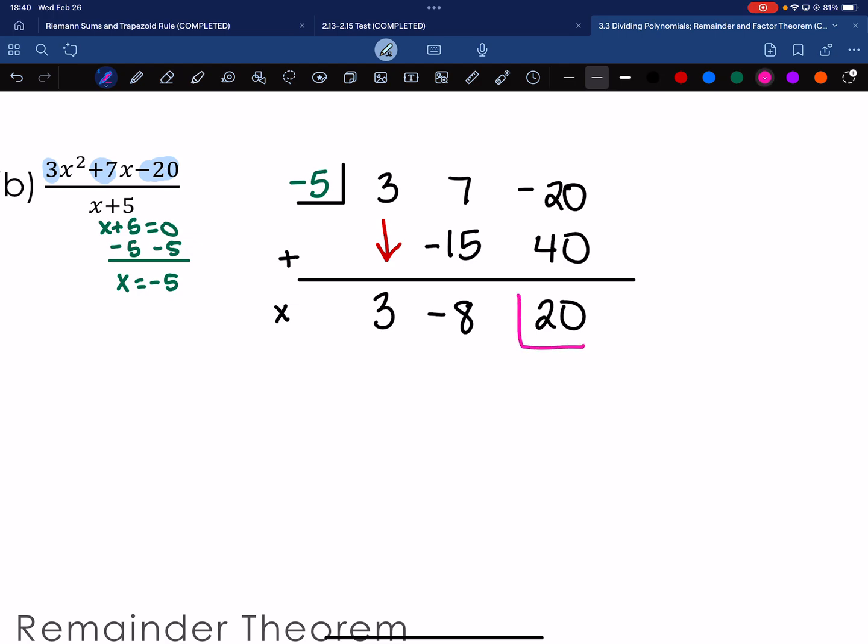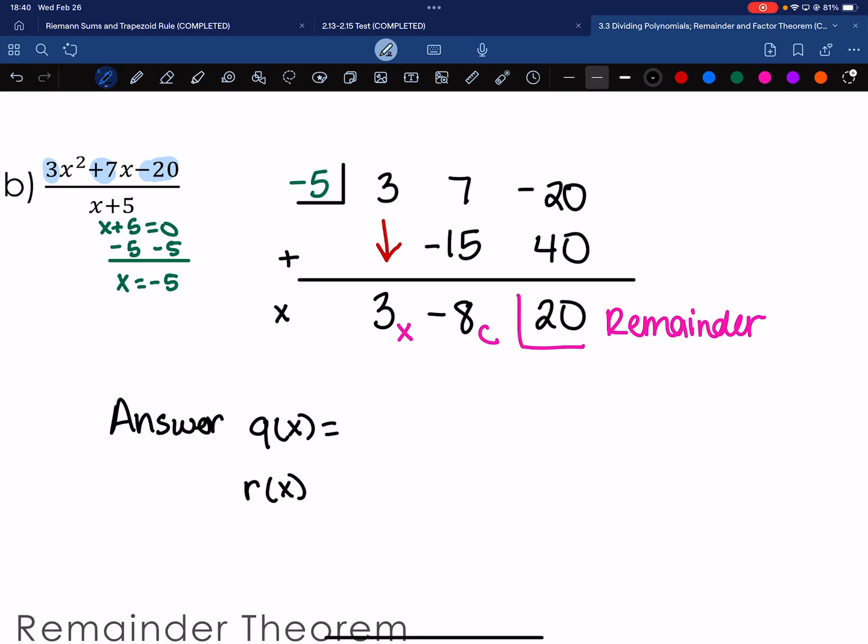The last number is always your remainder. Your constant, your x. So, for the answer, it wants it in that q of x, r of x form. So your q of x is 3x minus 8. Your r of x is 20.